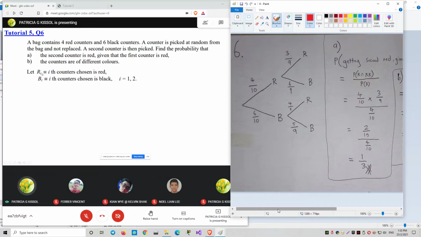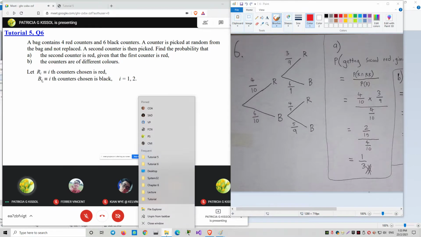And I've used the number because it could be R1 or R2 or B1 or B2. So B1 means the counter chosen is black, the first one, and B2 means the counter chosen is black for the second one.